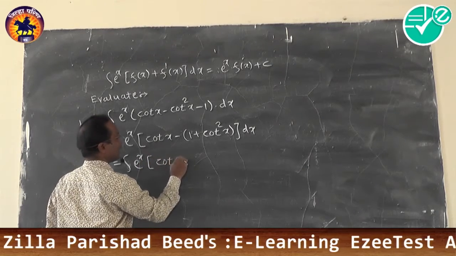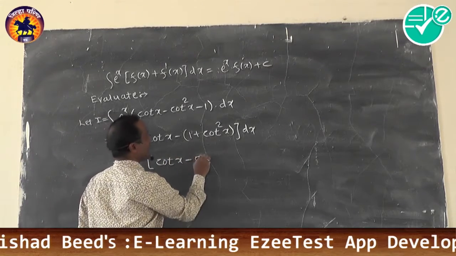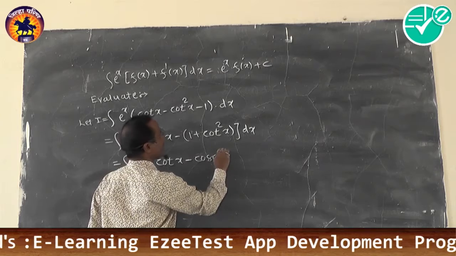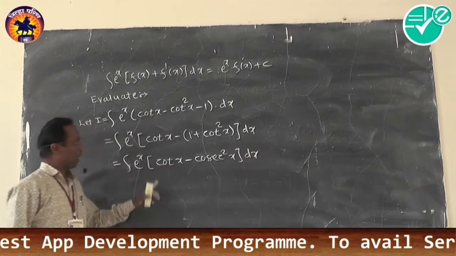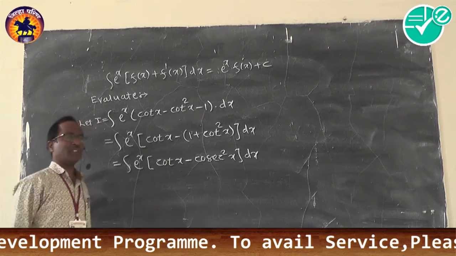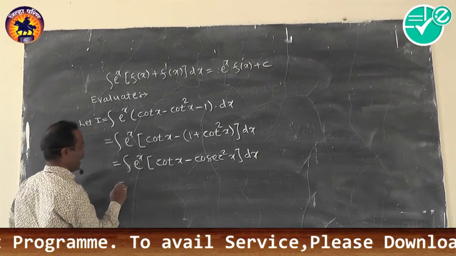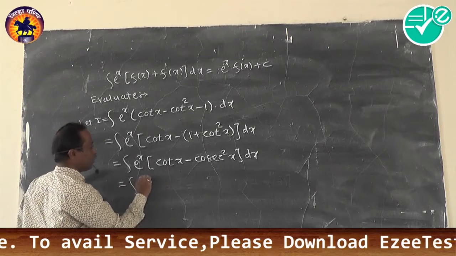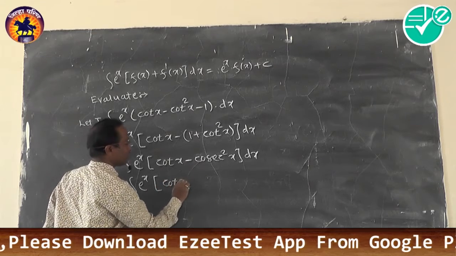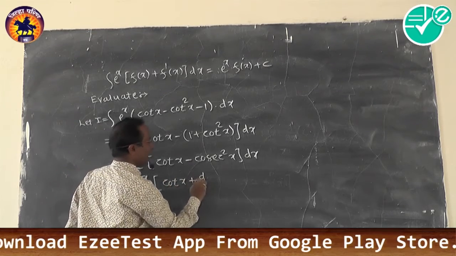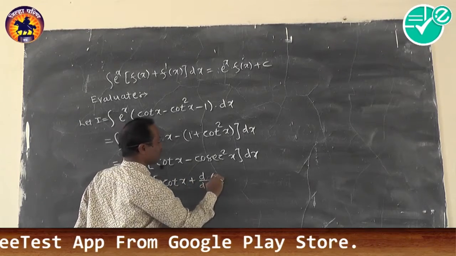So cot x minus cosec square x dx, and derivative of cot x is minus cosec square x, means this can be written as e to the power x into cot x plus d by dx of cot x dx.